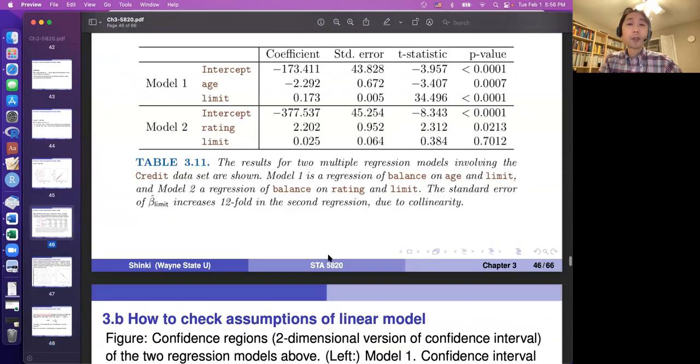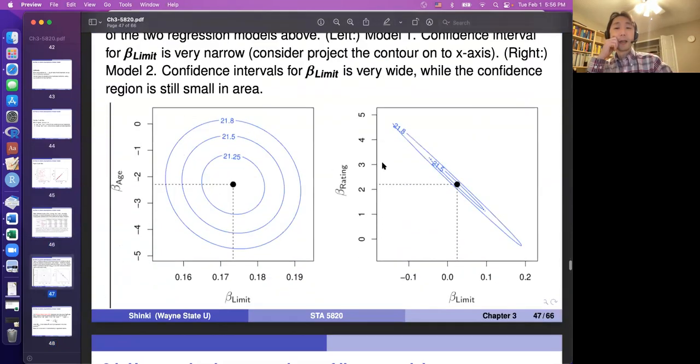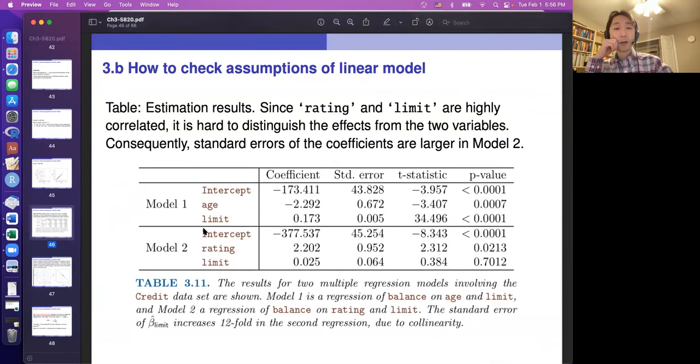And okay, so now what's the problem? We see the description of the relationship between betas, so we can see what's happening. But we cannot see multi-collinearity if we just look at this table.